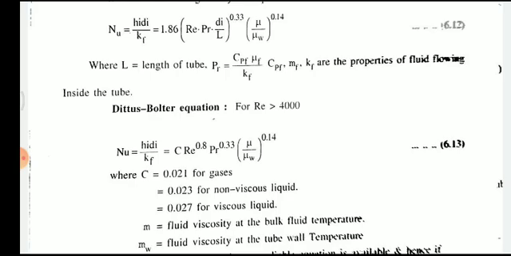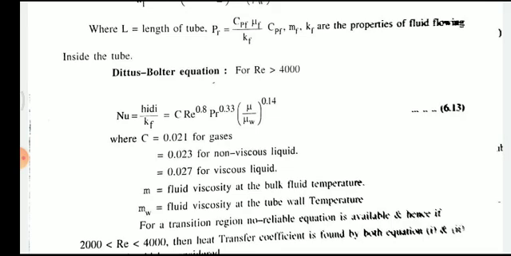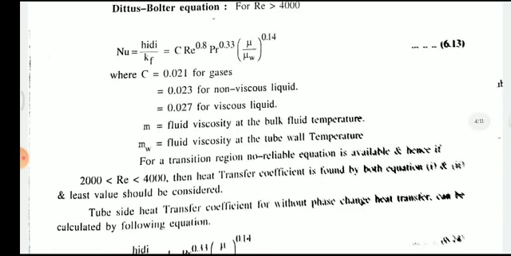So the Nusselt number hi di by kf is C into Reynolds number raised to 0.8 and Prandtl number raised to 0.33, and the other factor is mu by mu w raised to 0.14, and the value of C is in the range of 0.021 for gases, 0.023 for non-viscous liquid, and 0.027 for viscous liquid. And mu is the fluid viscosity at the bulk fluid temperature.